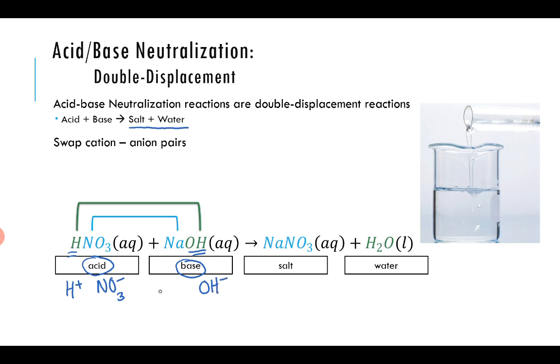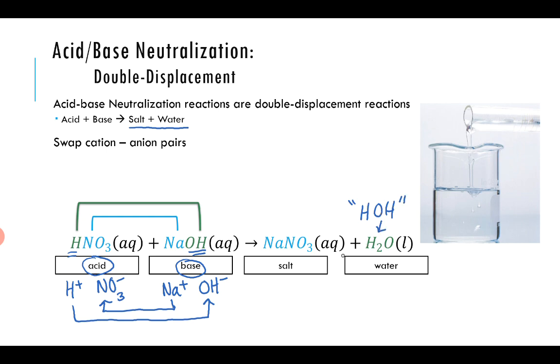hydroxide anions are always 1 minus. And so I need to bond my sodium to my hydrogen. I need to bond my hydrogen to my hydroxide. But H bonded to OH, so if we did HOH, that's not written as HOH.